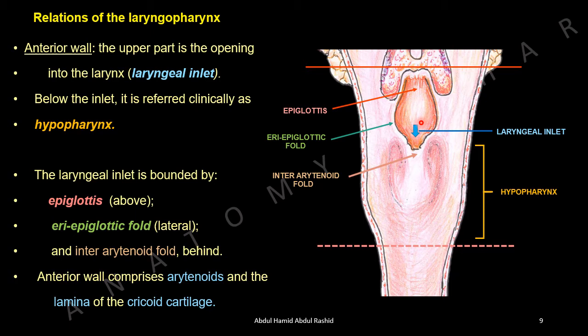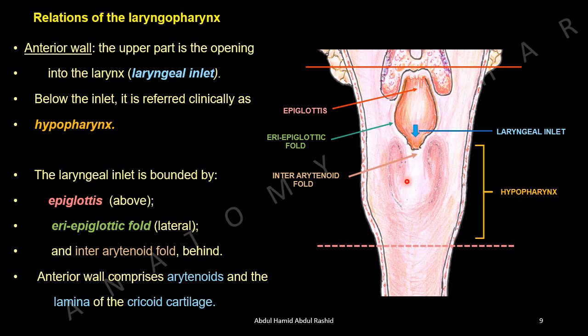Let's talk about the anterior relation of the laryngopharynx. Anterior wall, the upper part, we have the opening into the larynx. This is the laryngeal inlet, that is the anterior wall at the upper part. Below this inlet, clinically we call it hypopharynx.